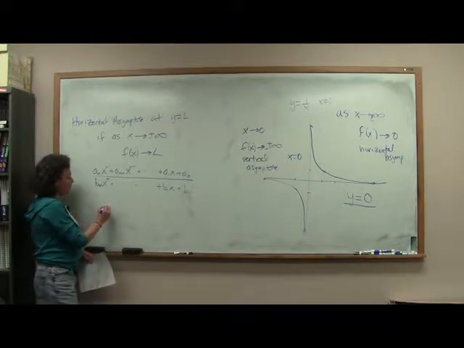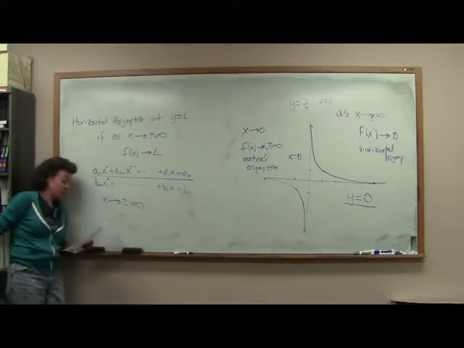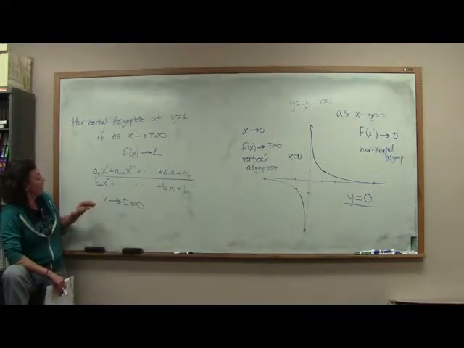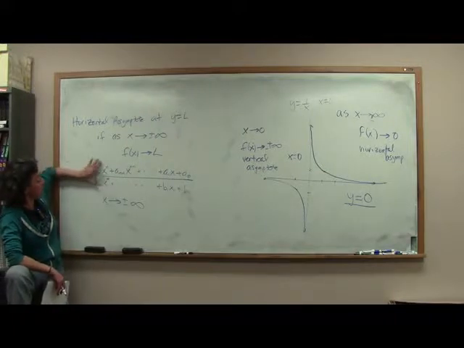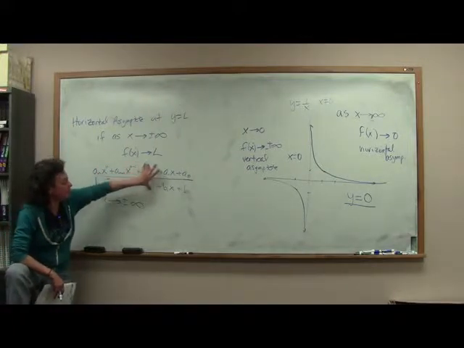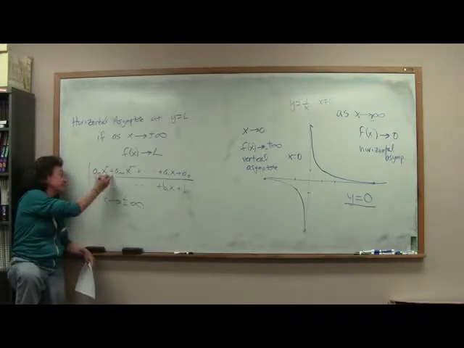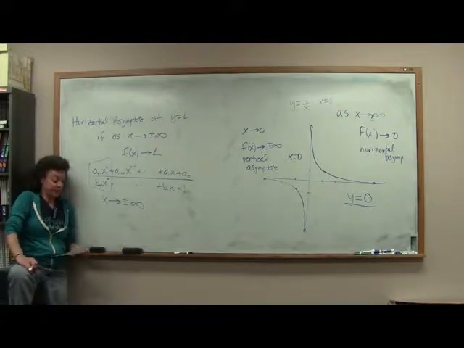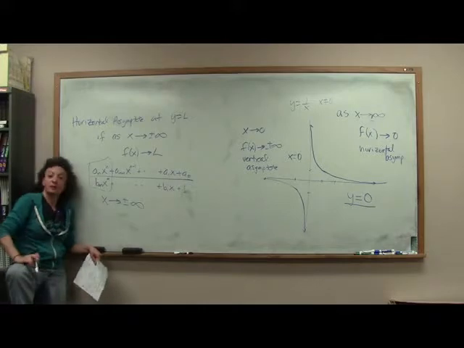What we want to know is what happens as x gets really large or really small. Well, I claim as x gets super large or super small, none of these terms matter as much. What's relevant are your first terms. What's relevant is what happens here.